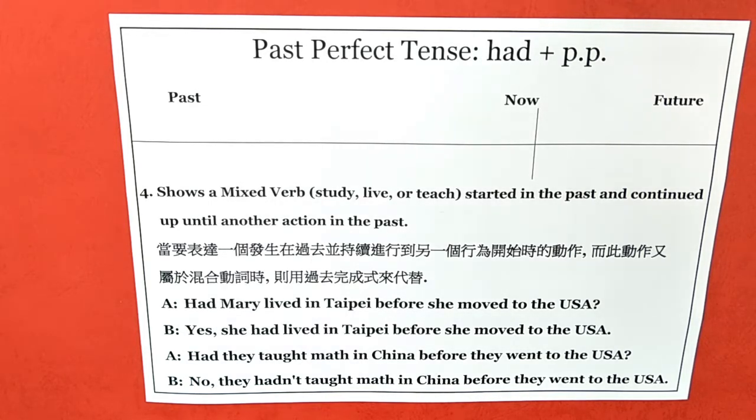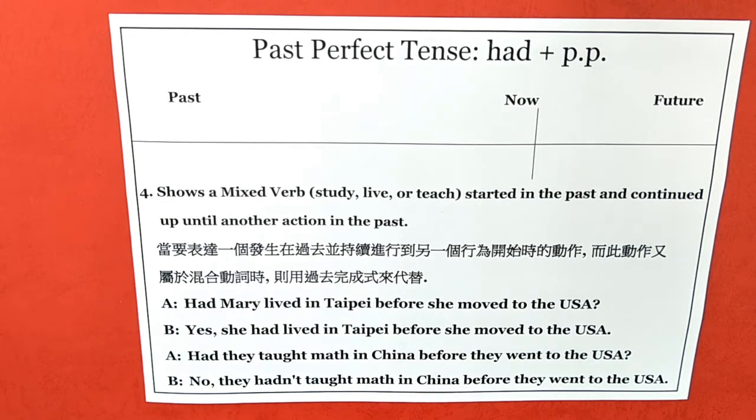Okay, now, we talked about mixed verbs before. These verbs can be used with different tenses that have the same meaning. Usually when we talk about a verb tense, it has a specific meaning.